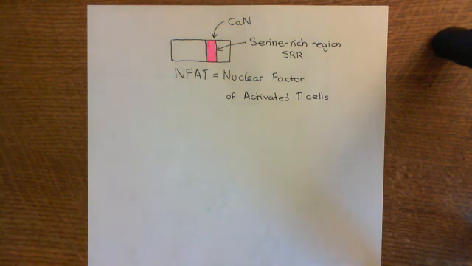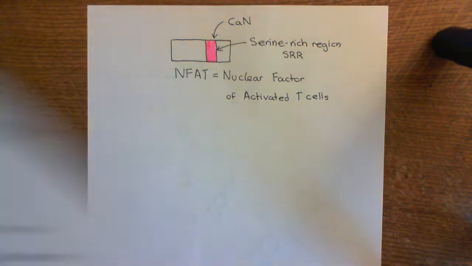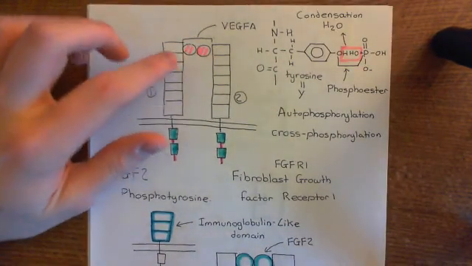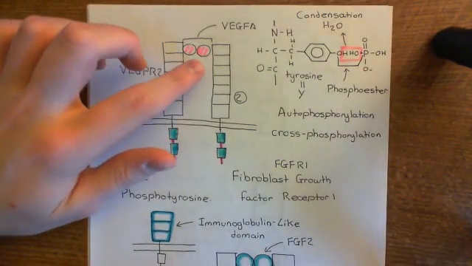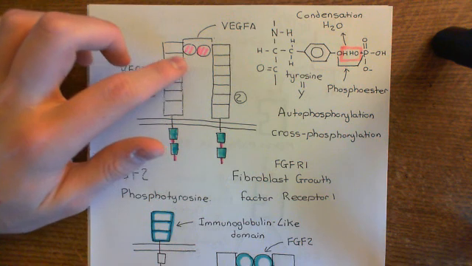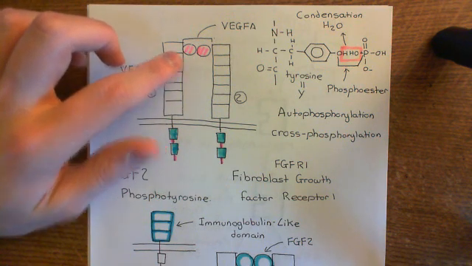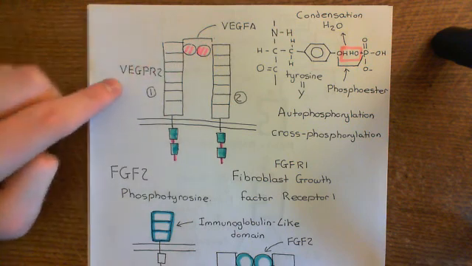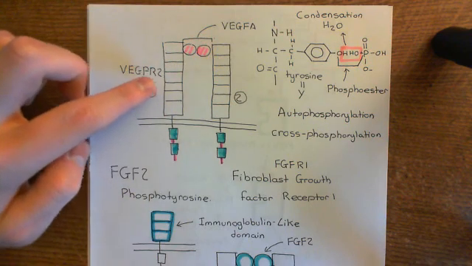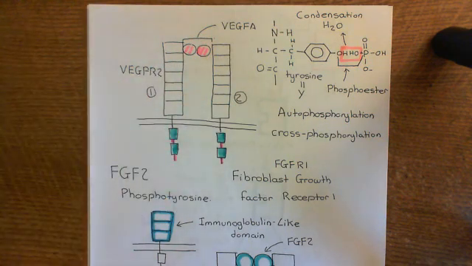So when you release vascular endothelial growth factor, it actually consists of two vascular endothelial growth factor A proteins. One of these proteins in the dimer will bind to one vascular endothelial growth factor receptor 2, and the other will bind to a second vascular endothelial growth factor receptor 2.